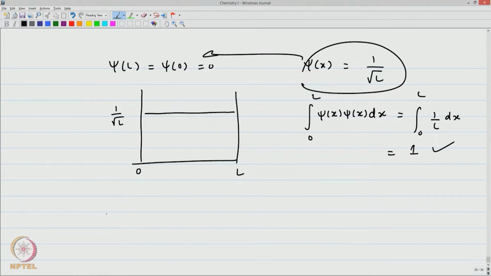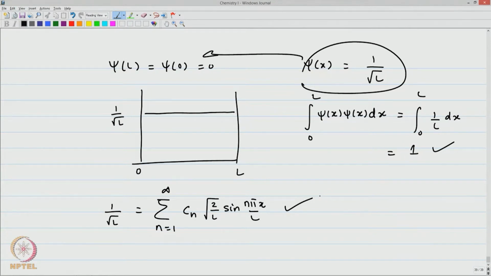Therefore, we can always write 1 by square root of L as a linear combination of Cn root 2 by L sin n pi x by L, n equal to 1 to infinity.